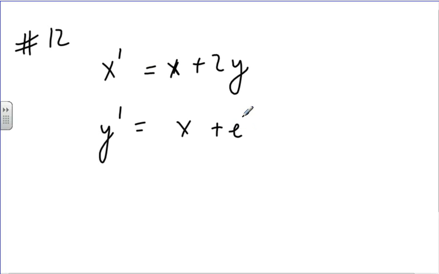Is that what my eyes are showing me? Okay, I guess so. x at 0 is equal to y at 0 is equal to 0.